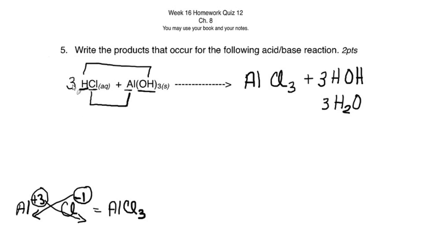So now let's go through, and we have 3 hydrogens, and here we have 3 hydrogens, which gives us a total of 6 hydrogens. 3 times 2 is 6, so we have 6 hydrogens here. Then we have 3 chlorines, 1 aluminum, and the 3 OHs. So everything balances now. So that is our reaction.